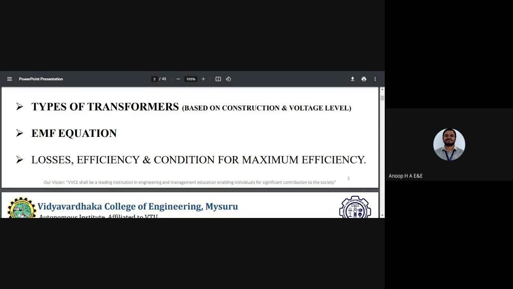So we will try to complete single-phase transformers right now, and later we'll start with the three-phase induction motors, and we have the concept of rotating magnetic field there, and later the concepts related to the problems, that is the slip of an induction motor and so on.